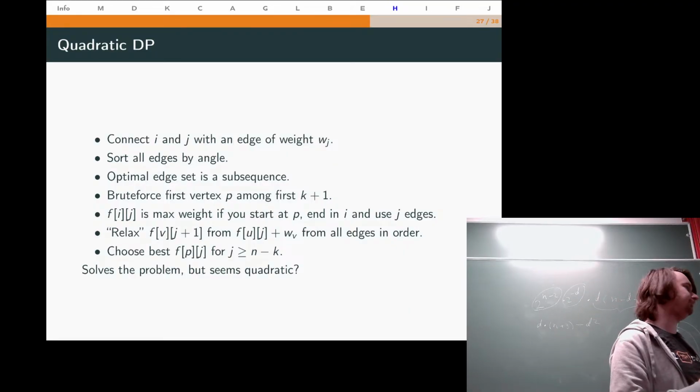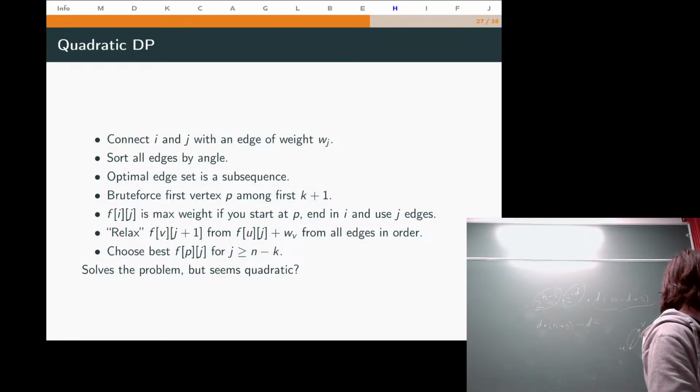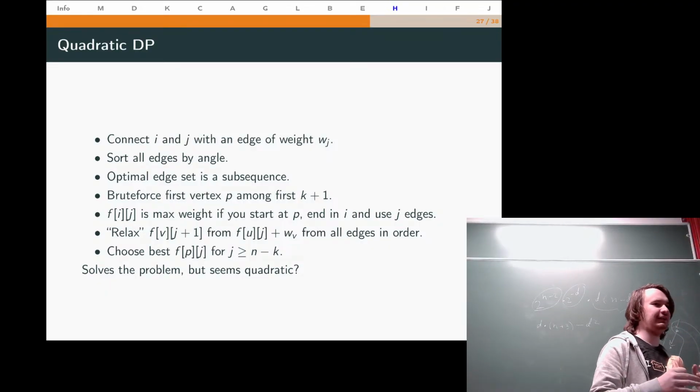So after that, starting with this vertex, we can maintain a dynamic programming F[i][j], where F[i][j] is the maximum weight that we can obtain if we start at vertex P, after that we go over some edges, we end at vertex i, and we use j edges along the way.